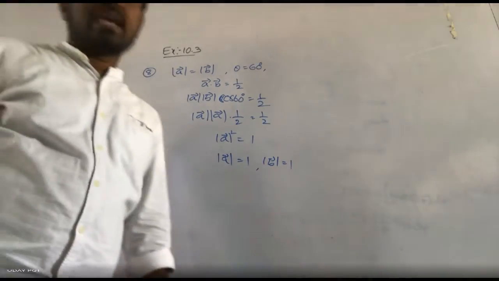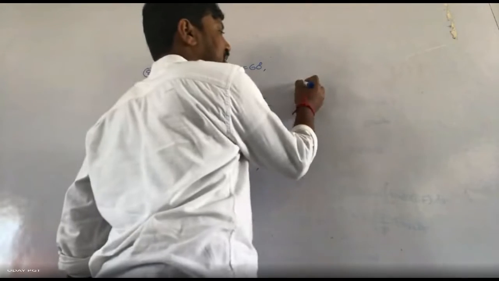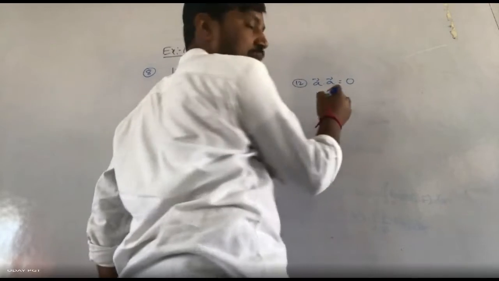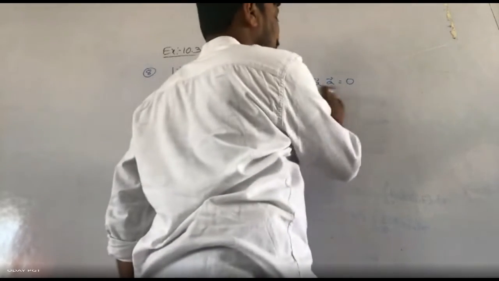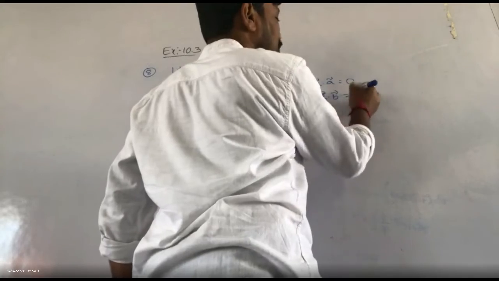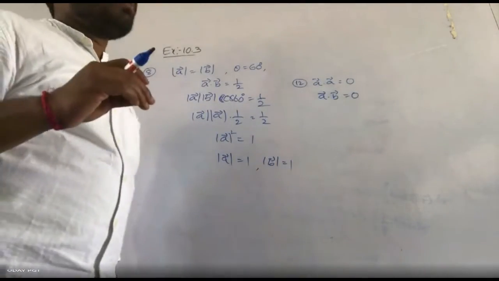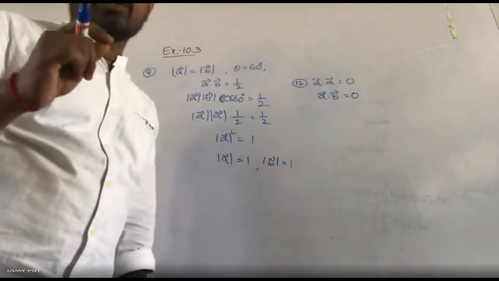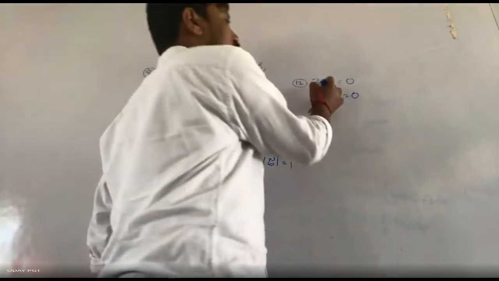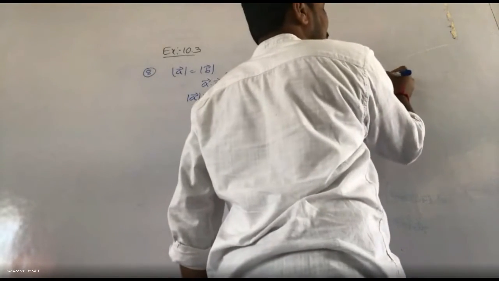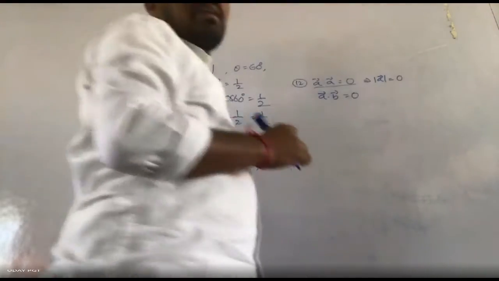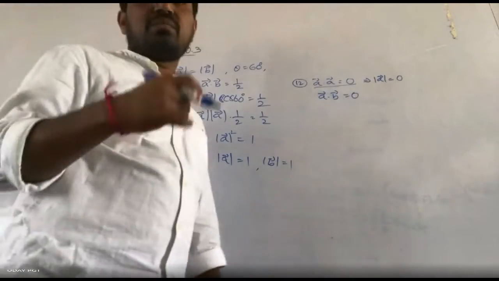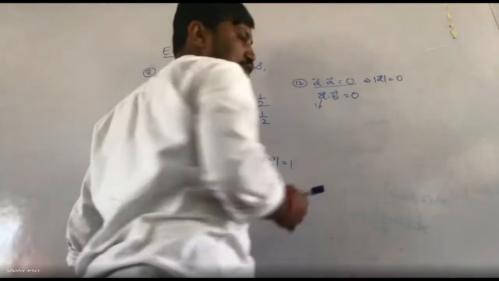Actually, when A dot A equals 0, magnitude of A square equals 0, so the magnitude is 0, which means the vector itself is the zero vector.